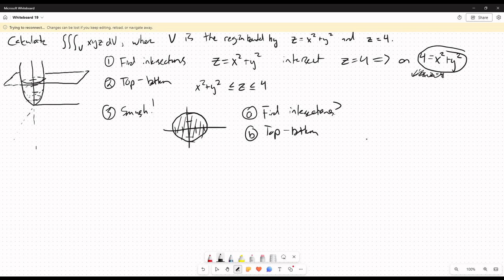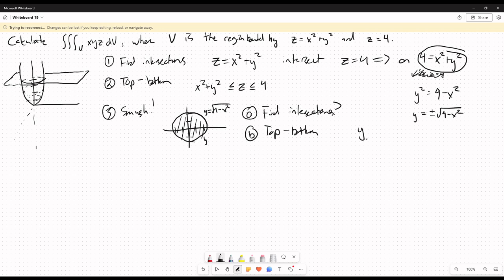Because my y-coordinate, we could solve this here to get y squared equals 4 minus x squared, which tells us that y equals plus or minus the square root of 4 minus x squared. This top part is y equals the square root of 4 minus x squared.